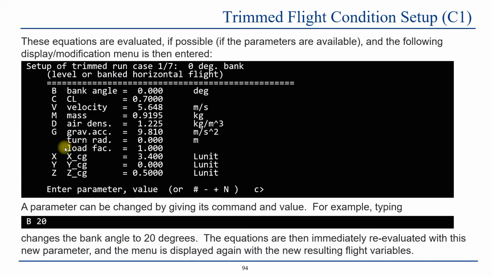You can change any of them, and anything else related to that particular parameter that you just changed will be recalculated for a level or banked flight condition automatically and updated. So when you run this case again, you know that everything is properly set up without having to go and manually set them up.